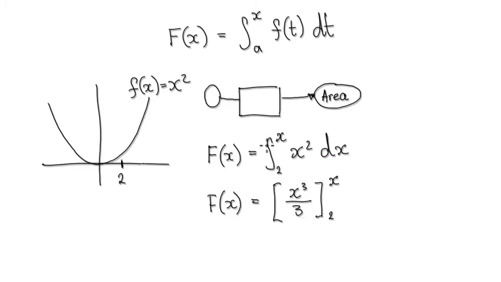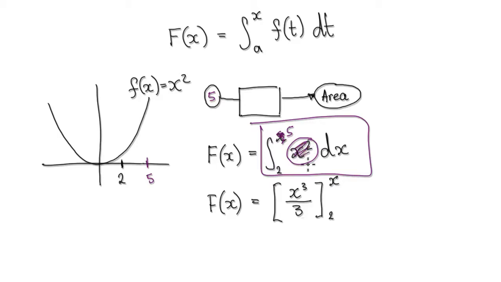But this is not correct because there's a conflict. Suppose you put 5 into the machine. This here would be 5 because you're integrating from 2 to 5. But then what does this mean? Shouldn't it be 25? Because our machine is that you put in the value of x, but then we are using this x squared to represent our function. You see, there's a conflict here.